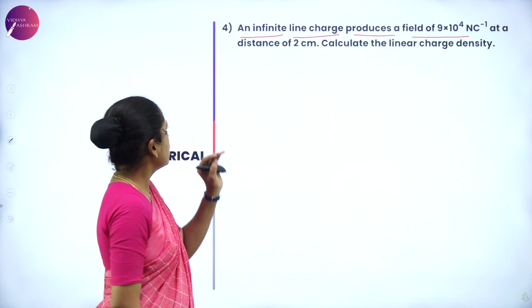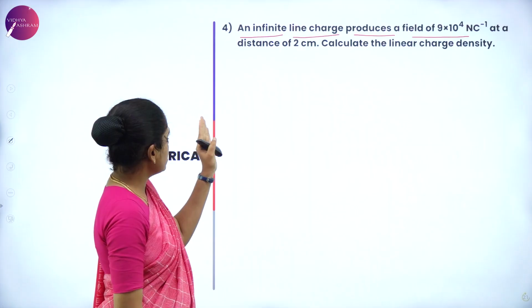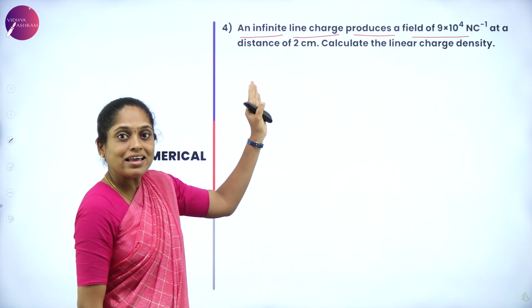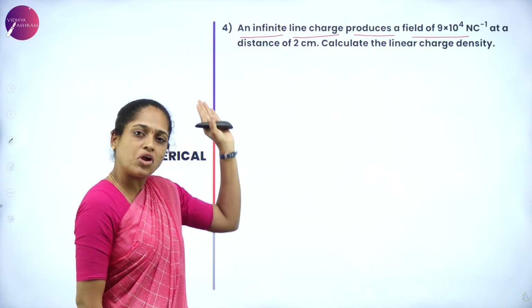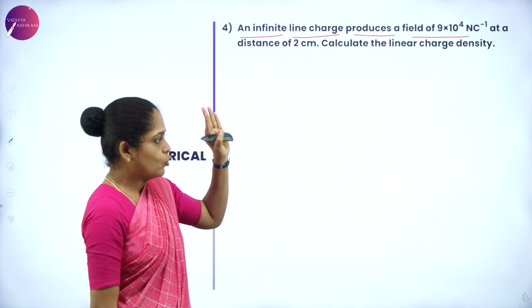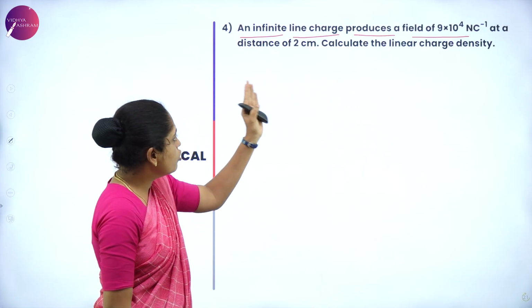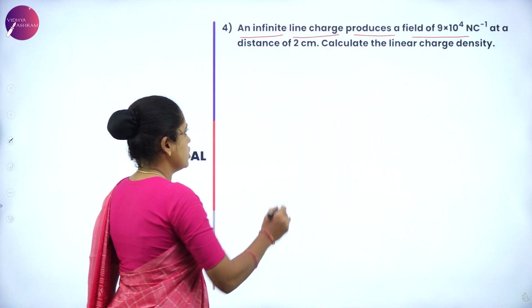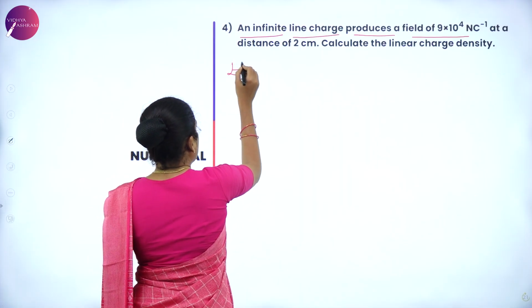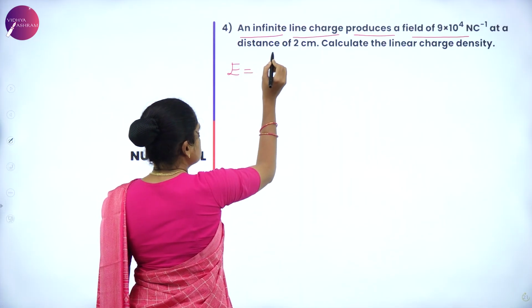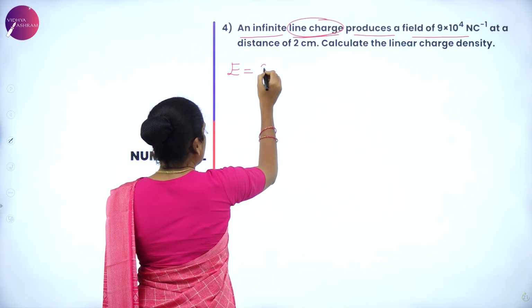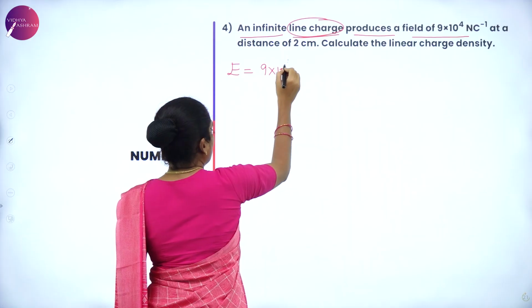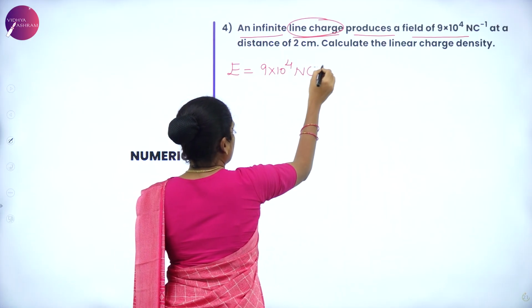The question is an infinite line charge, nothing but an infinite long straight wire which is uniformly charged, produces a field of, what is the field? Electric field due to this wire or the line charge, 9 into 10 power 4 Newton per Coulomb.